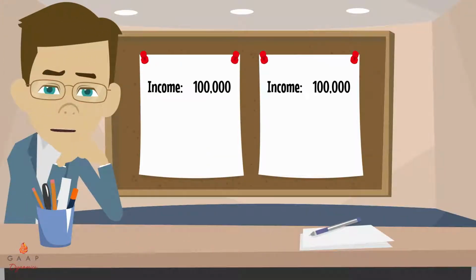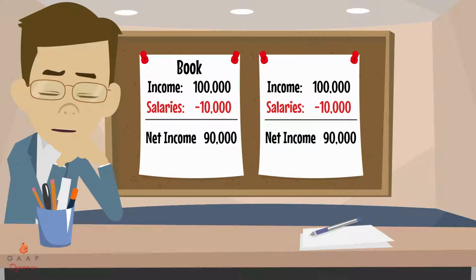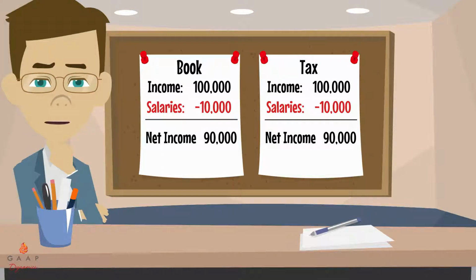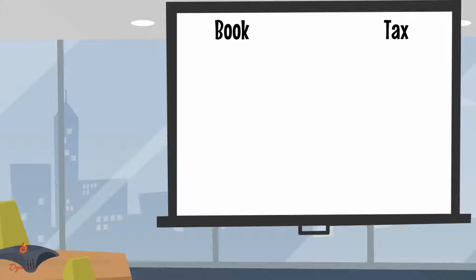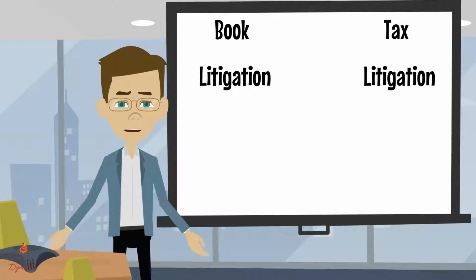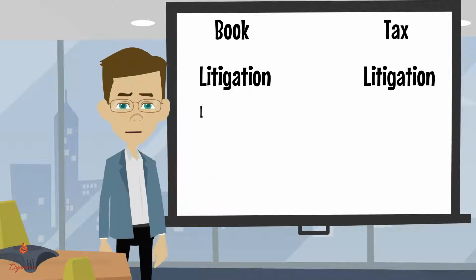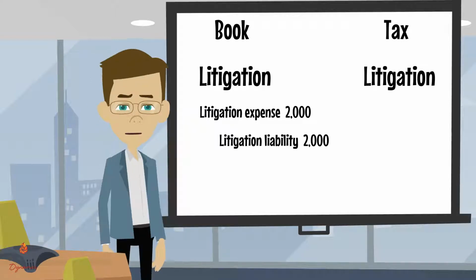For example, salary expenses are deducted from both book income and tax income. The expense in the books and the tax deduction are typically taken at the same time. Now consider the accounting for litigation accruals. If it is probable and reasonably estimable that a company will have litigation losses, US GAAP requires an expense and a liability to be recorded for book purposes.